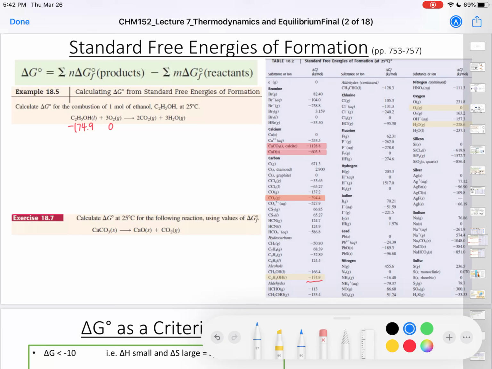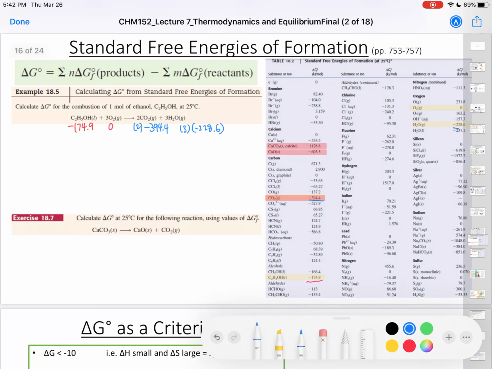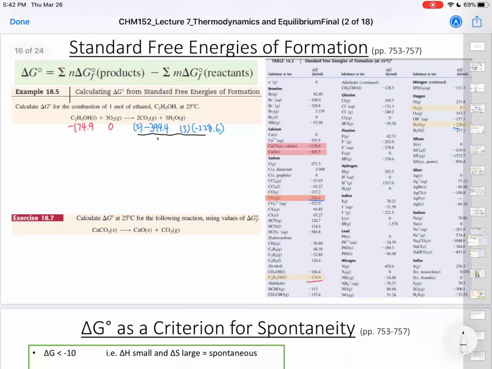Carbon dioxide, bring down the 2, is minus 394.4. And you have your 3 waters. Water is a gas here, not a liquid, so minus 228.6.